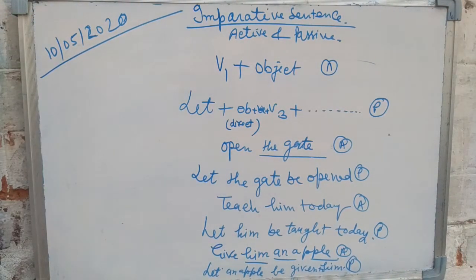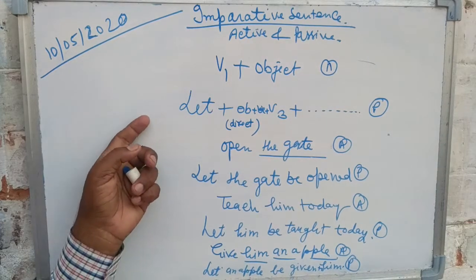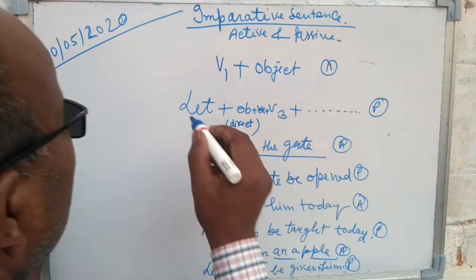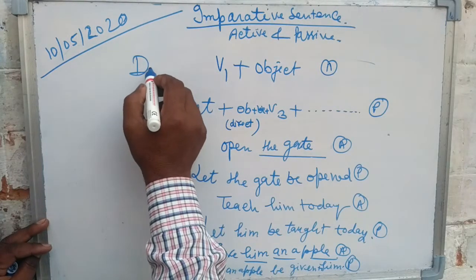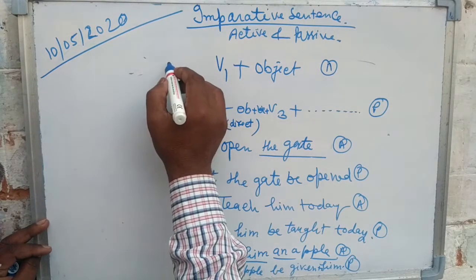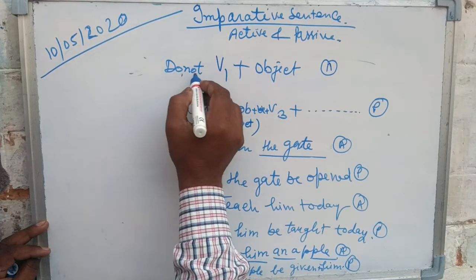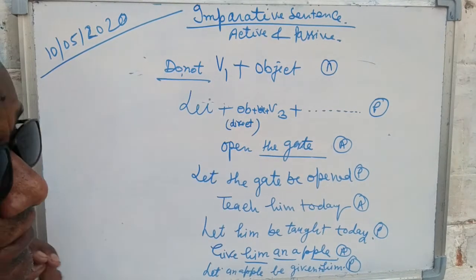You can change this sentence into passive on this structure of the sentence. There are only affirmative and negative forms. If you have a negative, then do not or don't is written here at the start of the sentence.